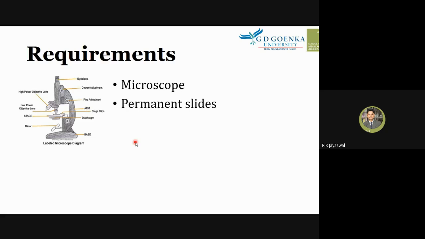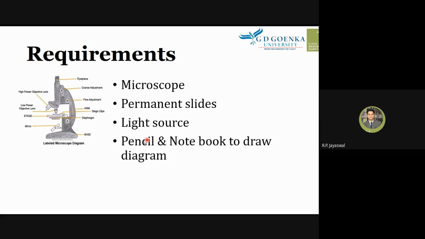We need a permanent slide with the cross-sectional view of atherosclerotic coronary arteries. It should be stained, and we need a light source so that we can see the object properly. And we need a pencil and notebook to draw the diagram of what we observe under the microscope, right?